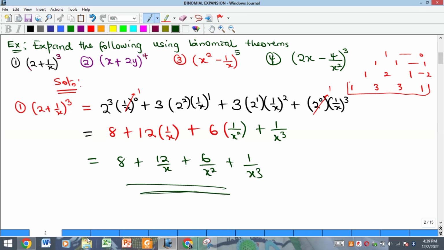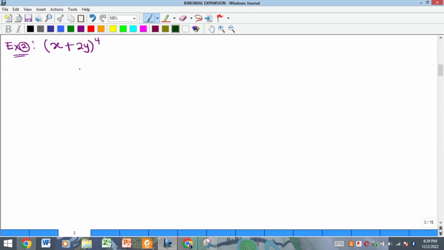So let's look at the second example, which says that we should expand (x + 2y)^4. My first term here is the x, the second term here is the y. By that first rule, by power of 4, I'm going to have 5 terms. So see what I'm going to do now. The first term is my x to the highest power, which is 4.